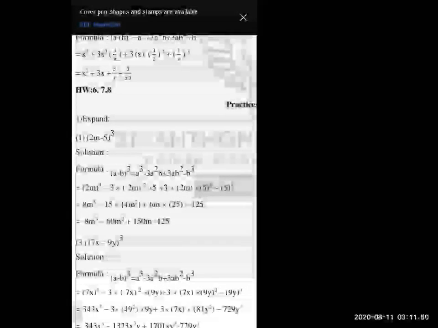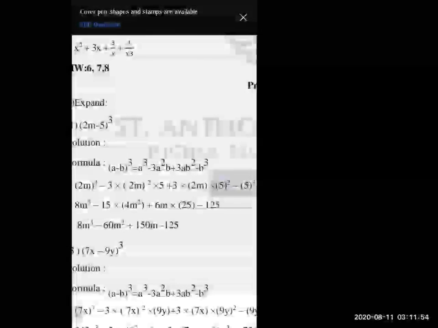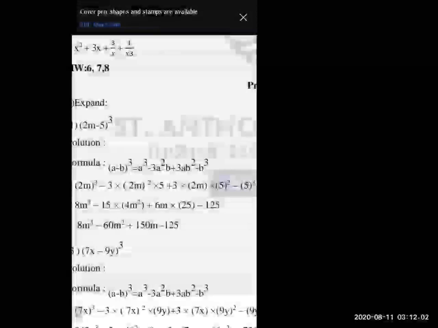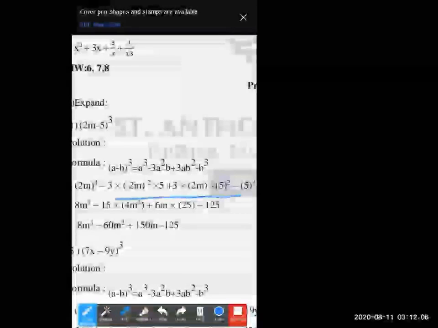Now after doing that, you have to put the values. You will assume a as 2m and b as 5. So you will put the numbers over here.